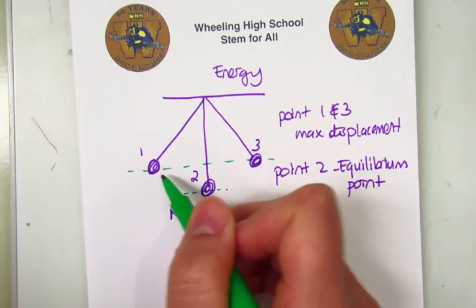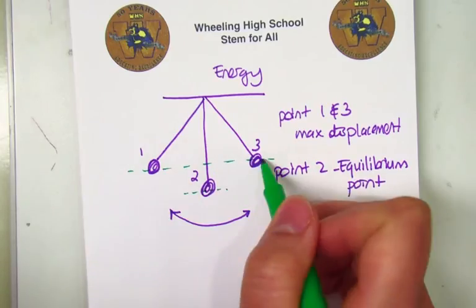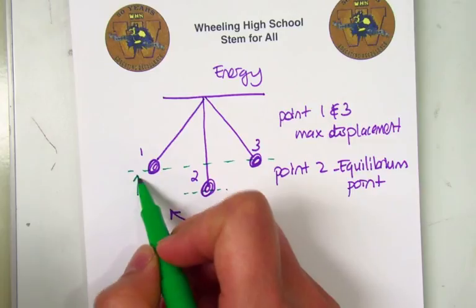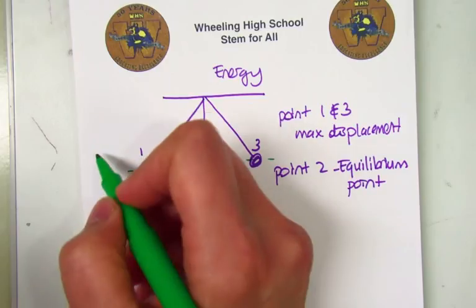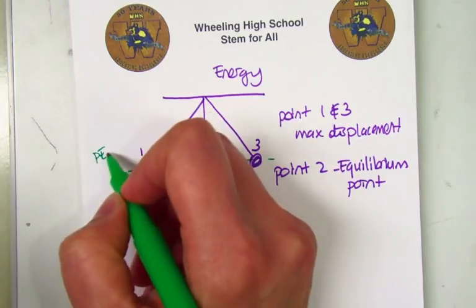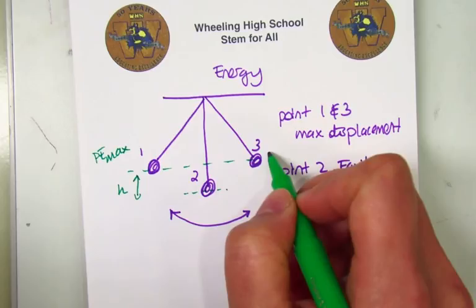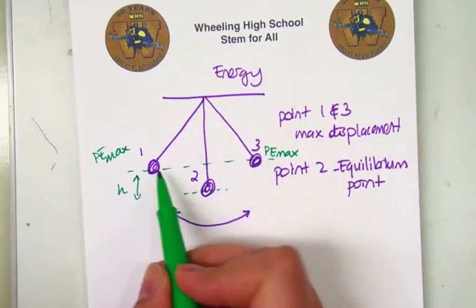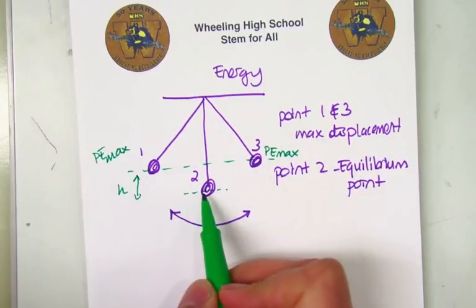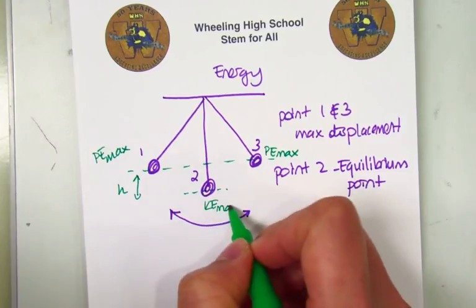So if you think about it, at points 1 and 3, the mass will have a height. Because it has a height, this point is going to have maximum potential energy. Same thing here. As it gets down, it is going to speed up, and that is going to be maximum kinetic energy.